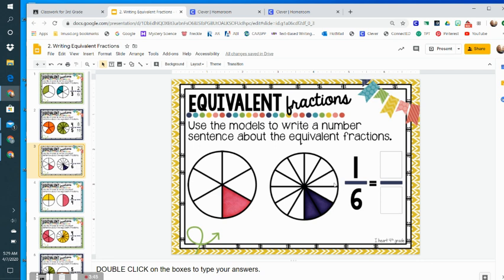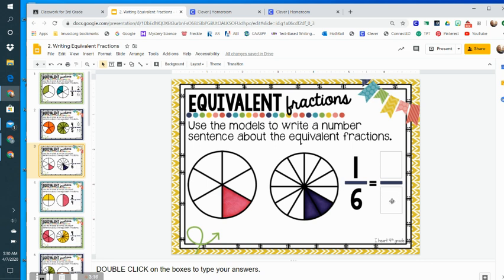Okay, so I'm going to start right at this white piece. So I know that I don't need to stop there at that first blue piece. So 1, 2, 3, 4, 5, 6, 7, 8, 9, 10, 11, 12. So this circle has been divided into 12 equal pieces. Is that going to be the numerator or the denominator?